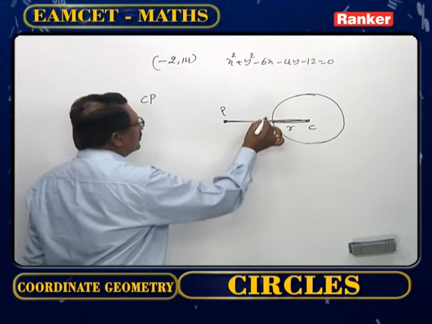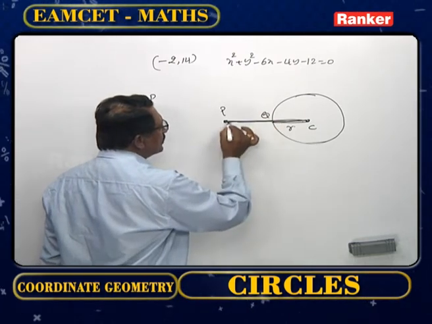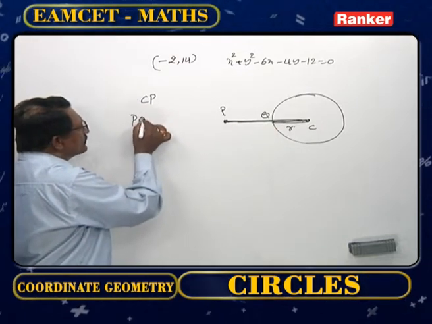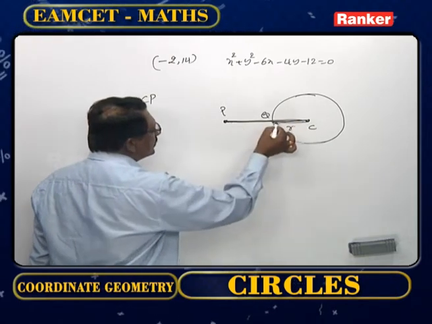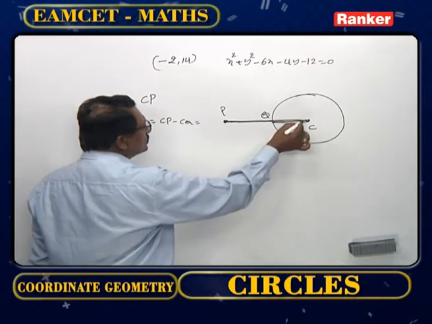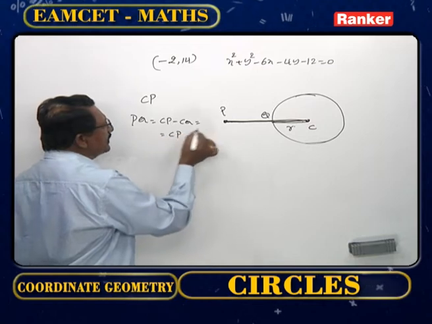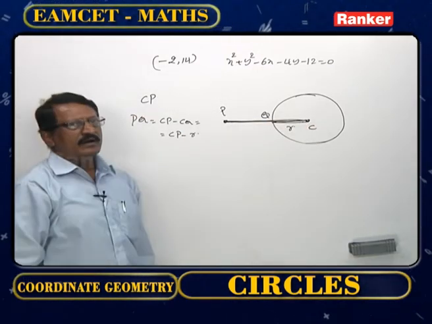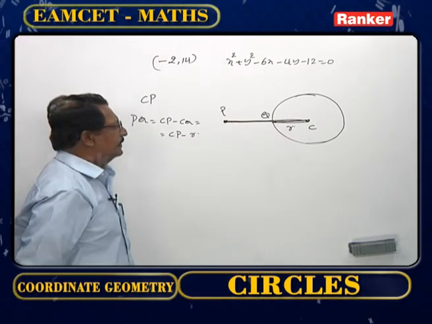Now the shortest distance from the point P to the circle: PQ equals CP minus CQ, where CQ is the radius of the circle. So PQ equals CP minus R, if the point P lies outside the circle.